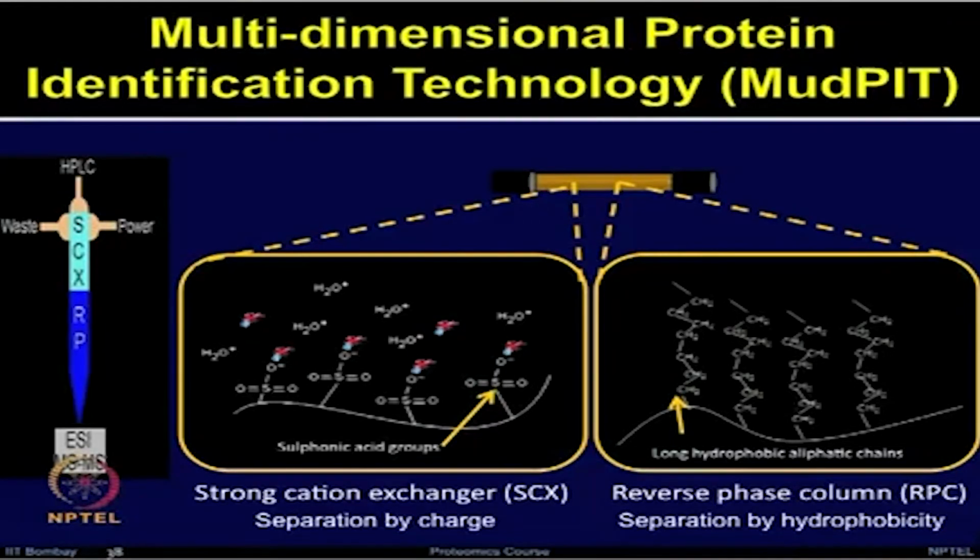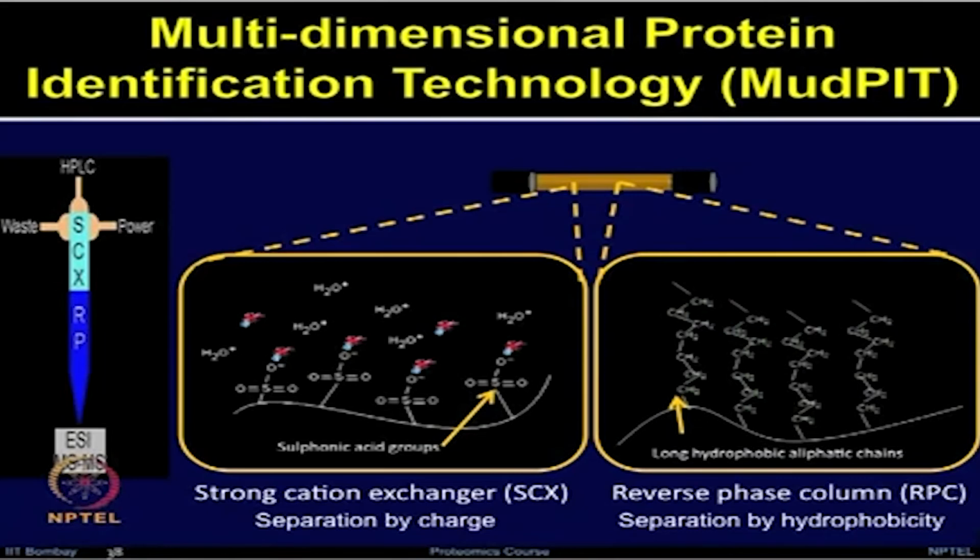Strong cation exchange is based on the electrostatic attraction between the negatively charged sulfonic acid and the positive peptide, and the elution can be caused by addition of a positively charged mobile phase. The reverse phase, shown on the right side, is based on the hydrophobic interactions between analyte and the stationary phase. The elution can be brought about by modifying the mobile phase polarity.